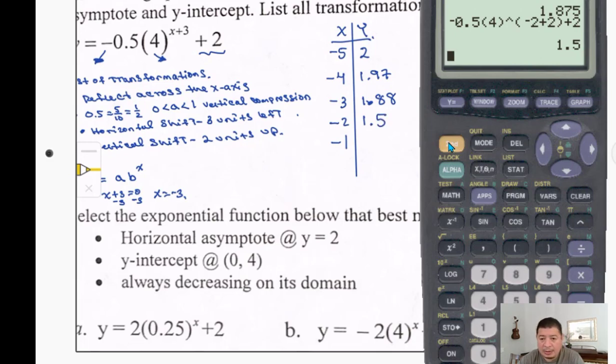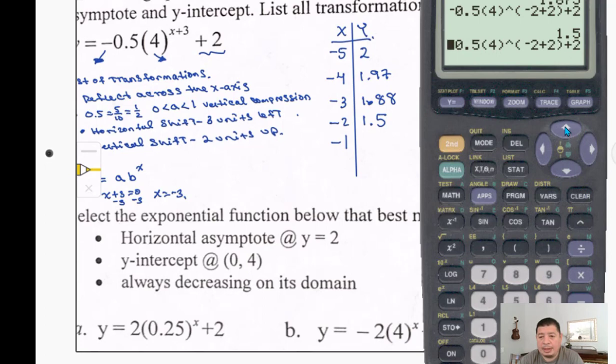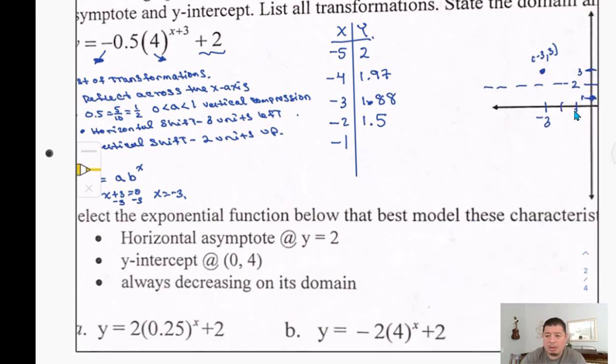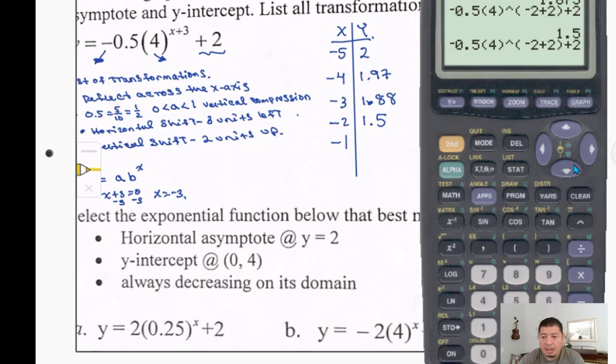All right, let's go ahead and do that one more time. Oops. Just lost my calculator. All right, so here we go. So now I'm going to need, what is it, -2?